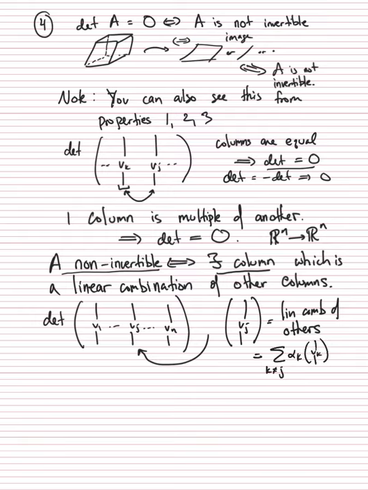Now by linearity, we just expand it out, so you get the determinant of v1 up to this sum, sum alpha k v sub k, up to v sub n.